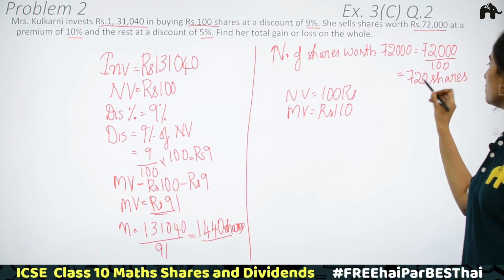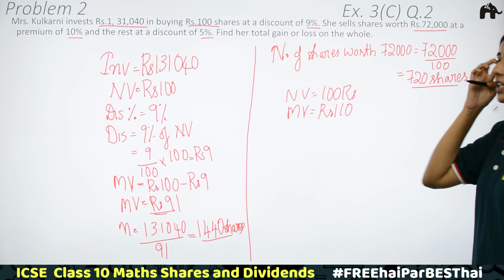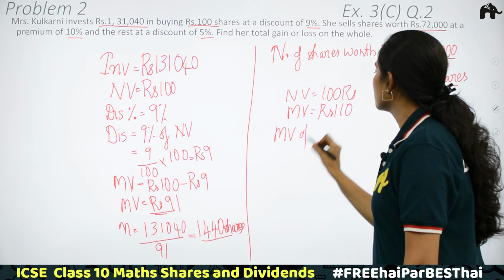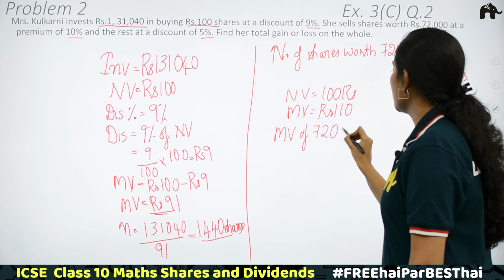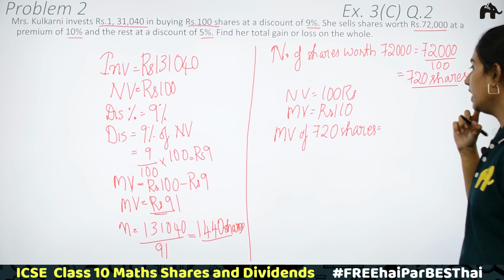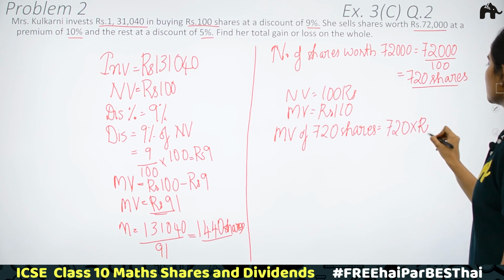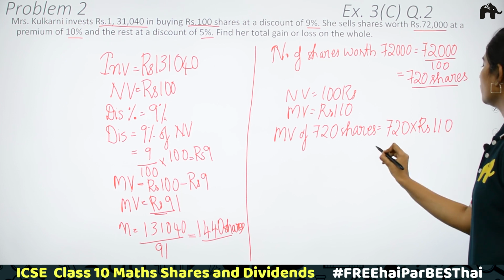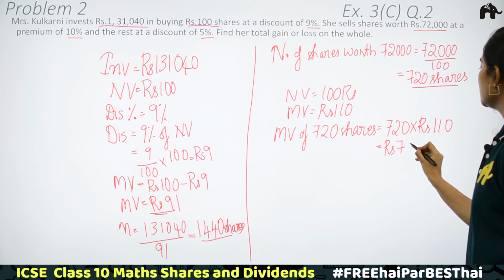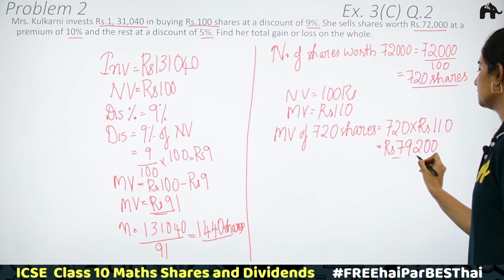Here we have 720 shares worth rupees 72,000. Then the market value of 720 shares is equal to 720 into rupees 110. You will be getting rupees 79,200.